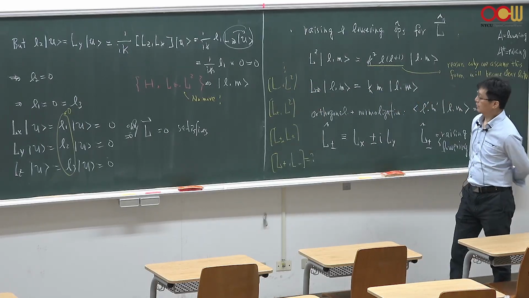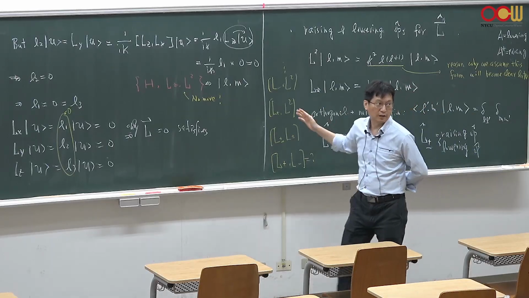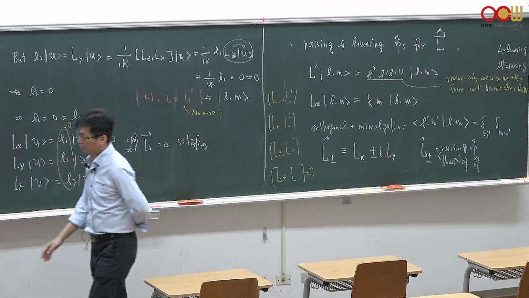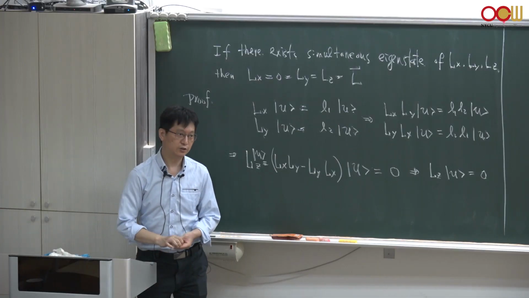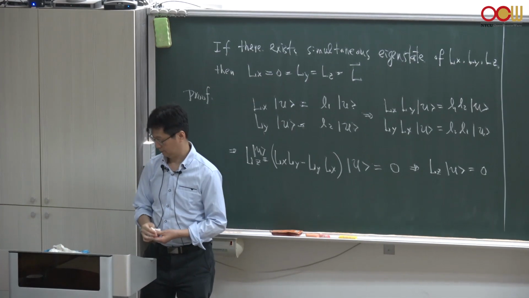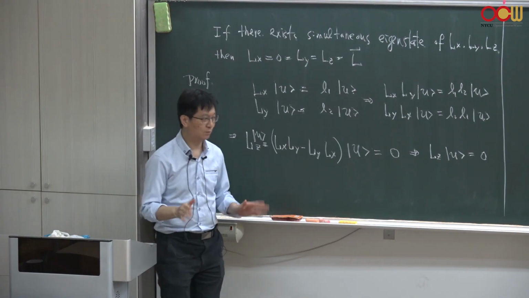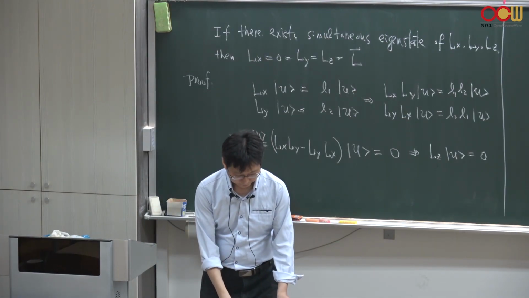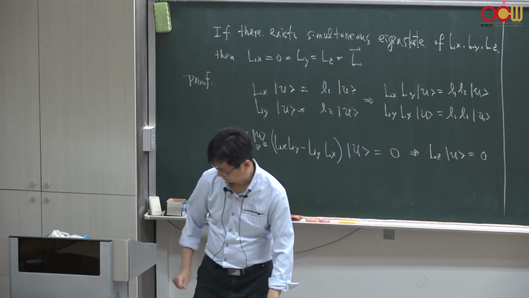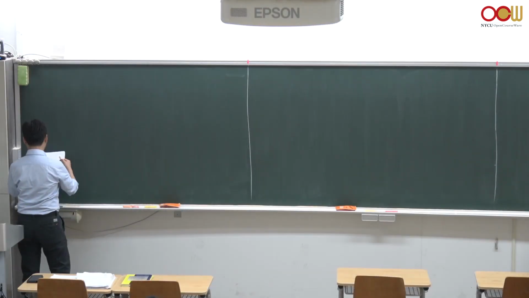Once we figure out the commutation relations, we know all the things that we want to know. As I mentioned, the commutation relations are the keys. It's the most important thing that we need to consider before we do anything.